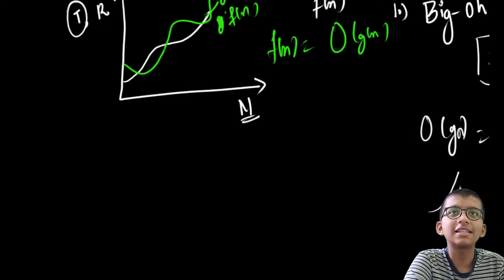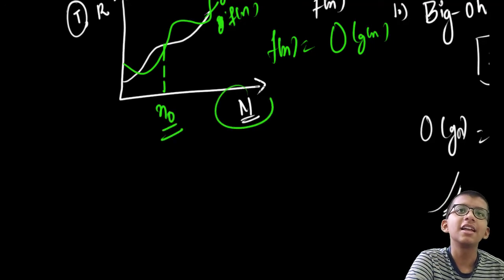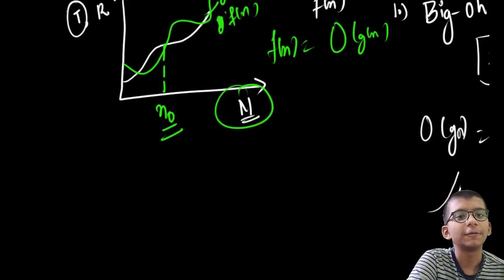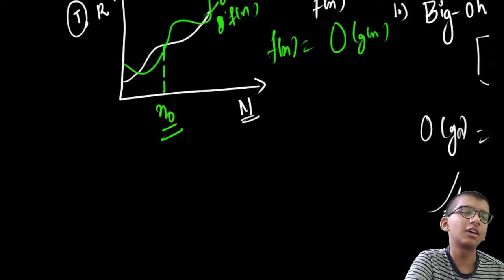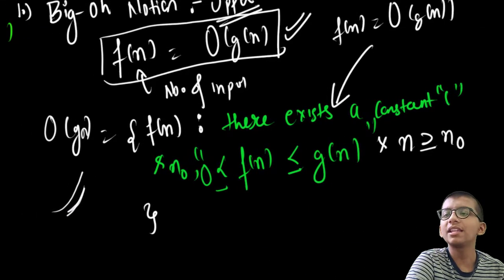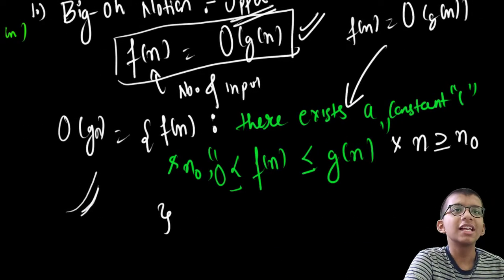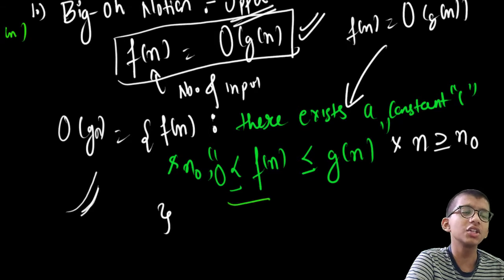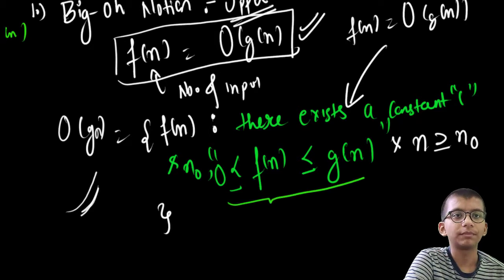Let's take this as n naught, and you can see here that n is greater than n naught. So it is pretty easy to understand big O notation. The only thing we have to do in asymptotic notation is satisfy this condition and we are done. Then we can simply write big O of g of n.